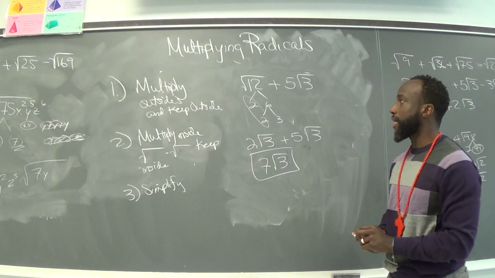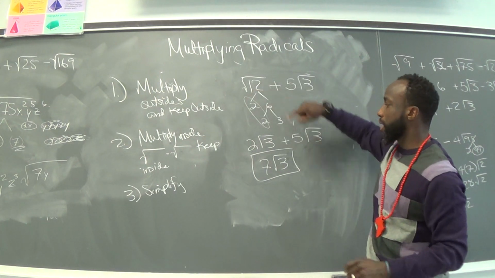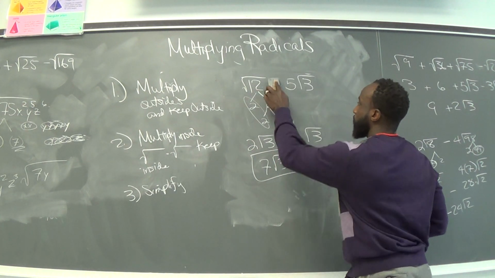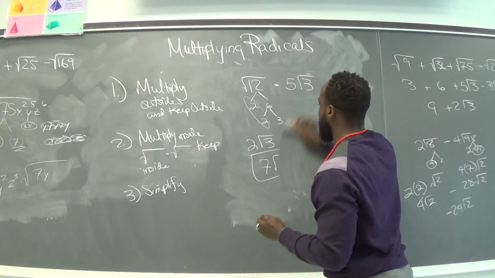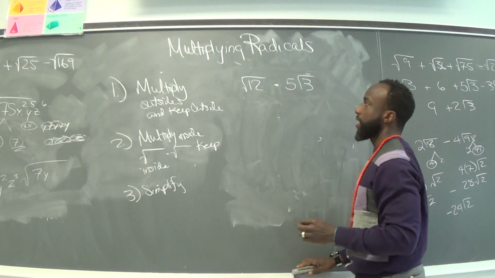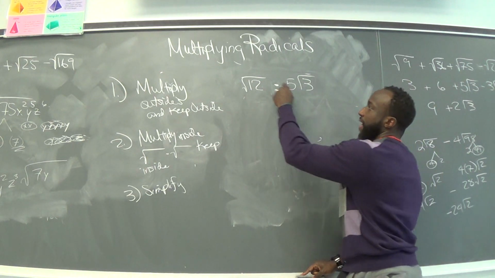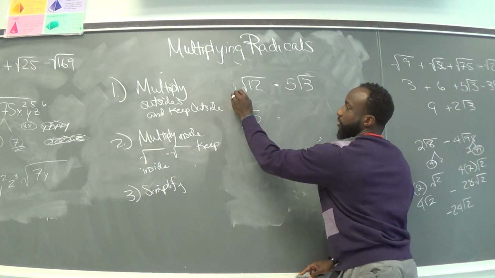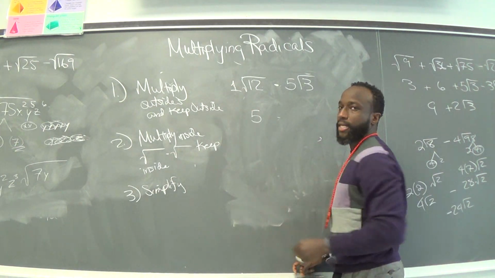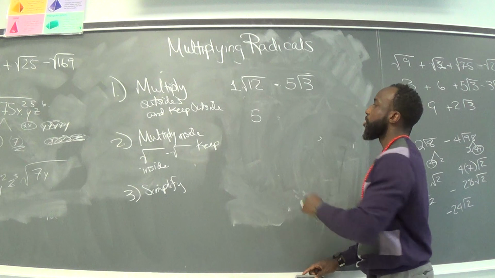Now, to Simon's question, what if this was not a plus, right? If this was just multiplication, then it would turn out this way. 5 times 1. 5 goes on the outside, right? Because that's understood that it's a 1 there. Everybody good with that? Amen.